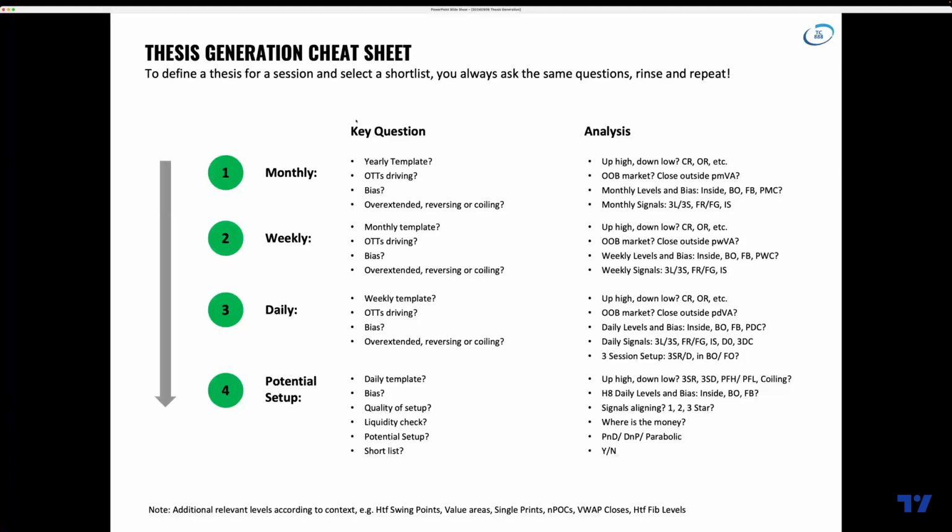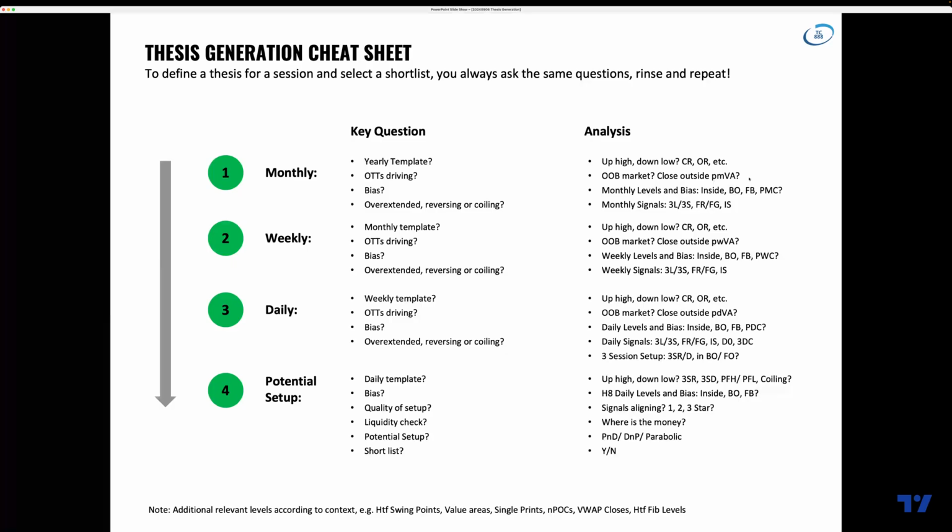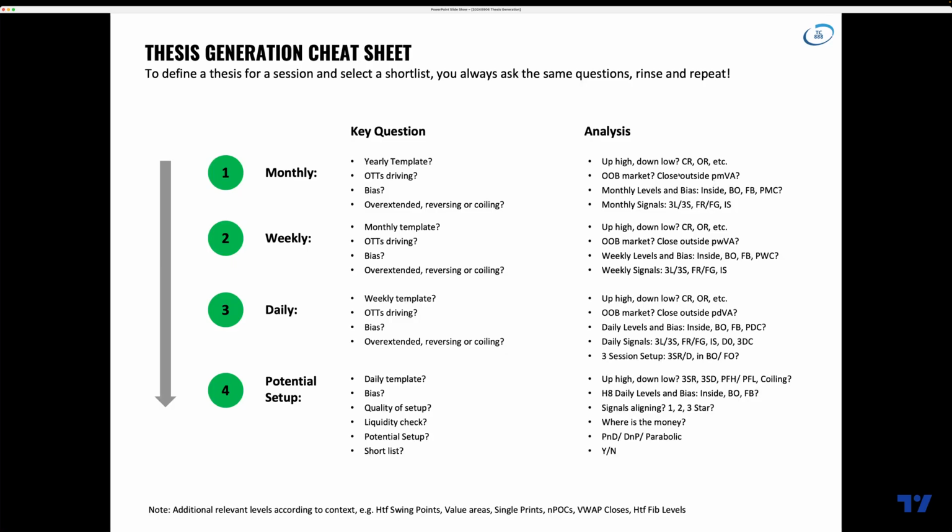Then the next thing, very specifically, I look at other time frame traders on the monthly. So is the monthly market out of balance? Did we close outside the previous month value area? And how are we trading currently within the current value area of the month?